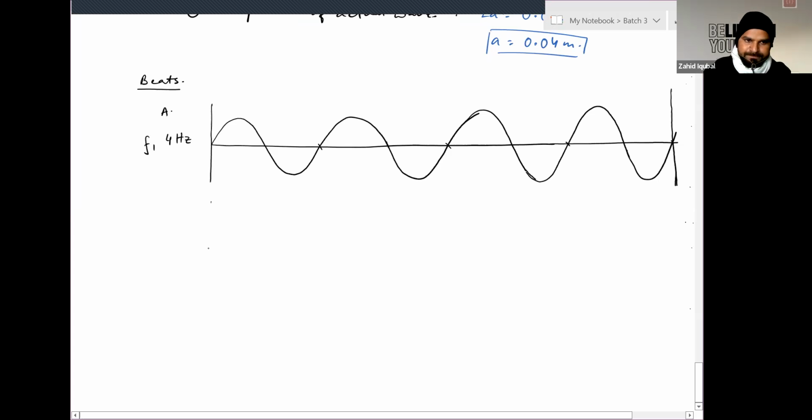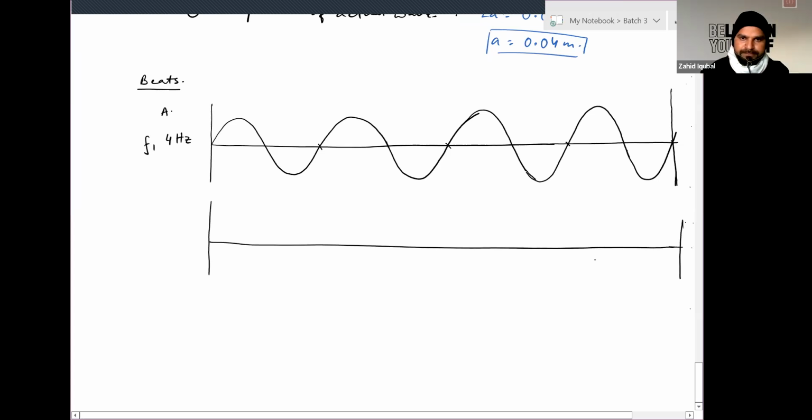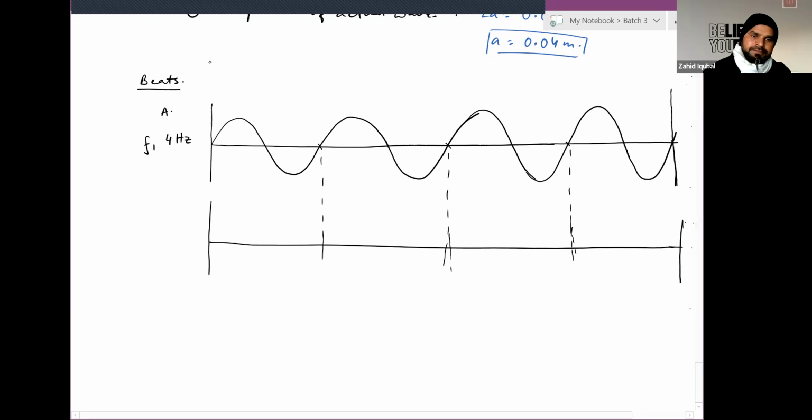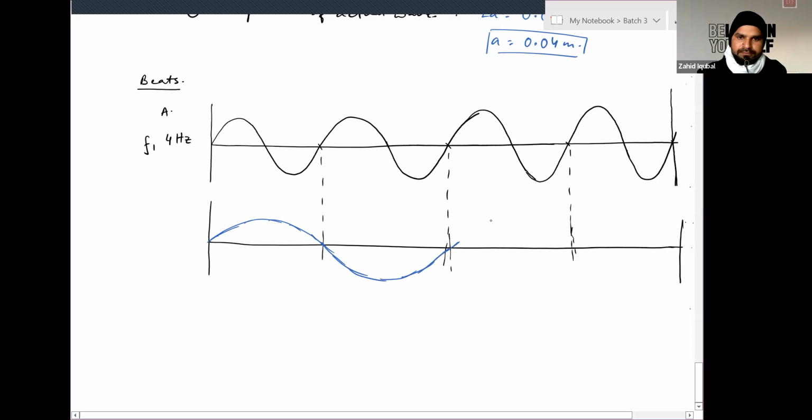Let's say another wave having 2 complete oscillations. So its frequency is 2 Hertz.